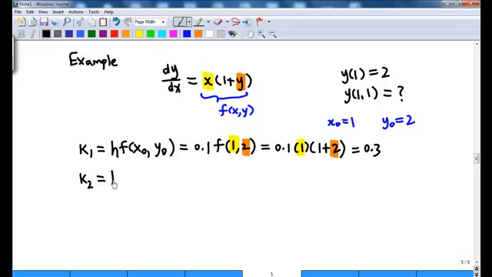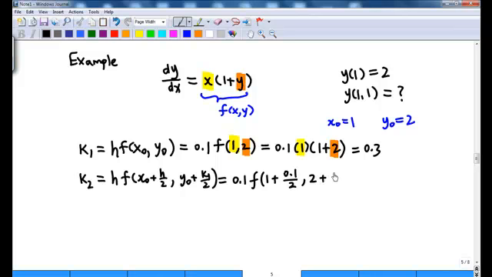So after I find k1 is 0.3, I'm going to find k2. k2 is equal to h times f of x0 plus h over 2, y0 plus k1 over 2, which is equal to 0.1 f of x0 is 1, h is 0.1 divided by 2, y0 is 2, k1 is 0.3 over 2.